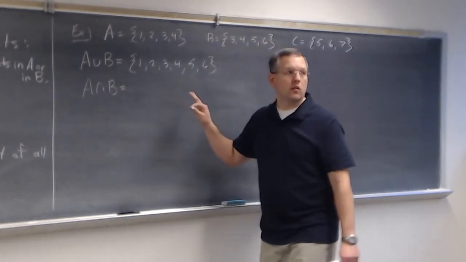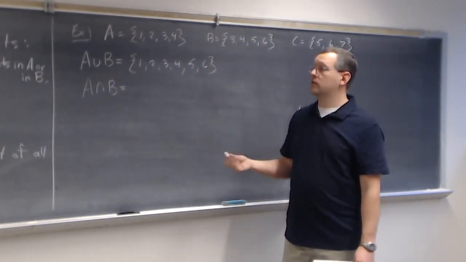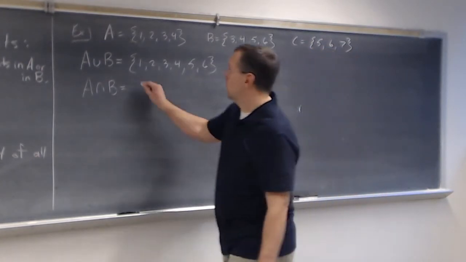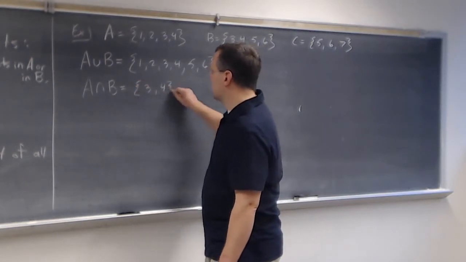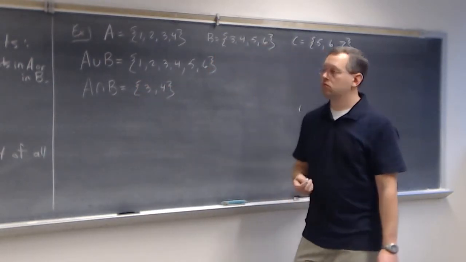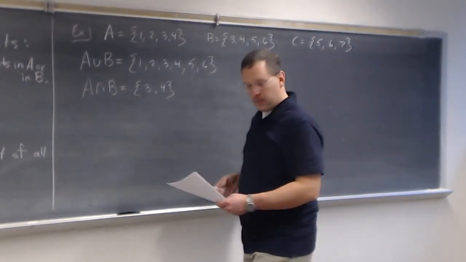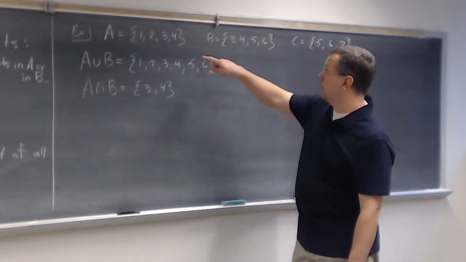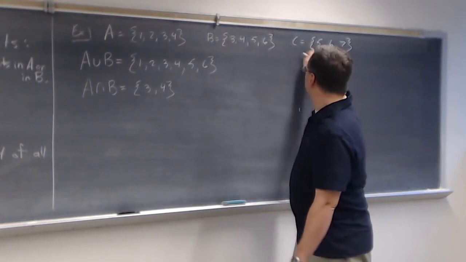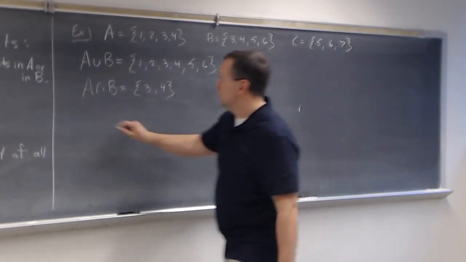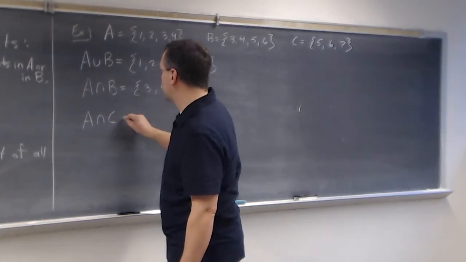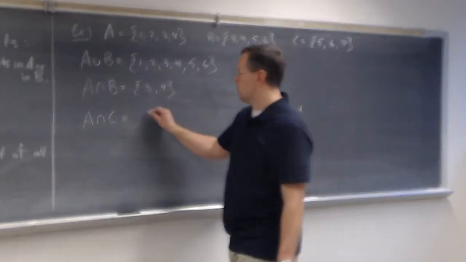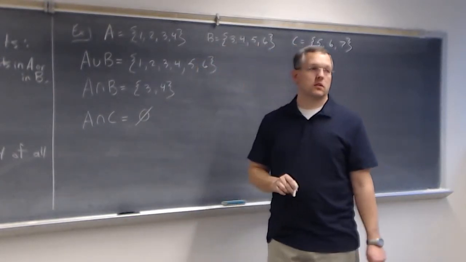Any questions about that? For the intersection, you ask yourself, what elements are in both sets? 3 and 4. So A intersect B would be the set containing 3 and 4. And if two sets have nothing in common, like A and C, then A intersect C is the empty set, containing nothing.